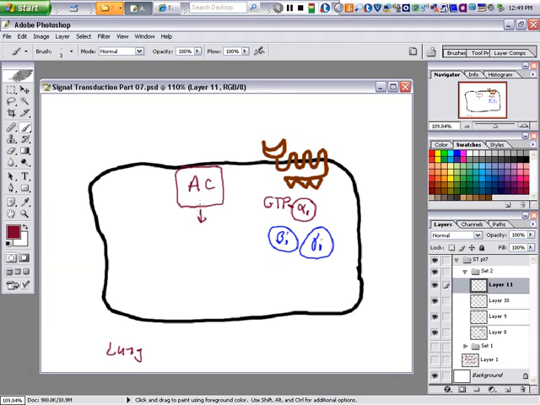If you have lots of adenylate cyclase, that's going to lead to more cyclic AMP. That's going to lead to lots of protein kinase A activity. And then that is going to eventually lead to your physiological response.